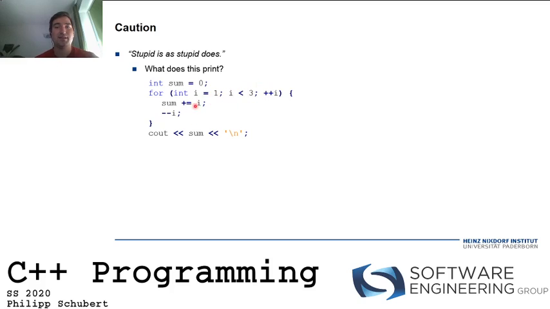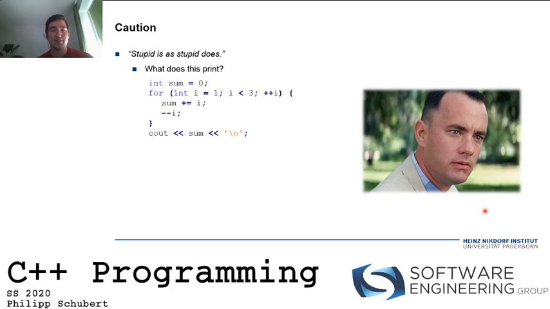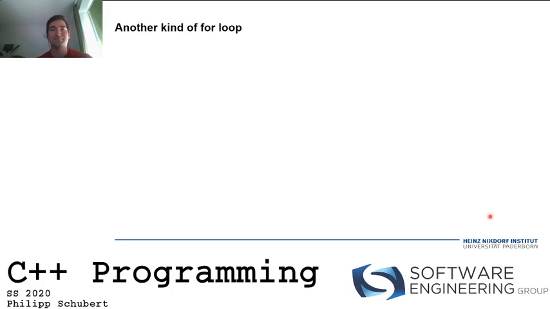Because we decrement I here and increment I here, we have created an endless loop, and the program is now spinning in that loop forever. We are never going to execute this print statement. So please be aware of that, because if you're new to programming, that can happen sometimes, that you accidentally create infinite loops.